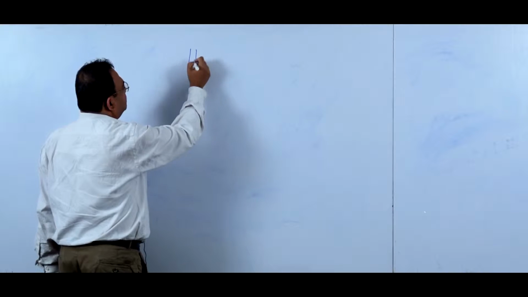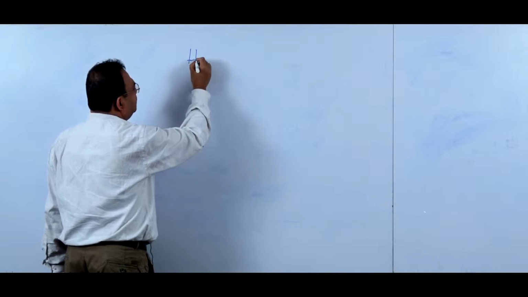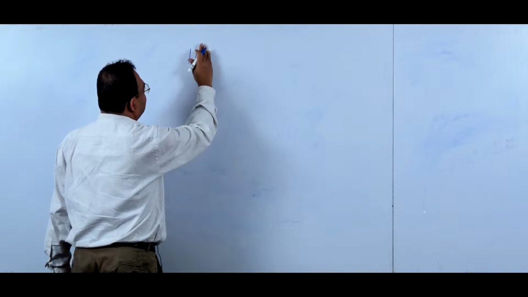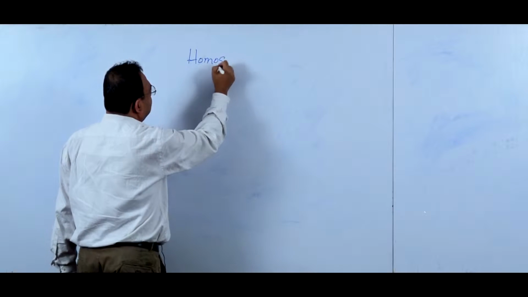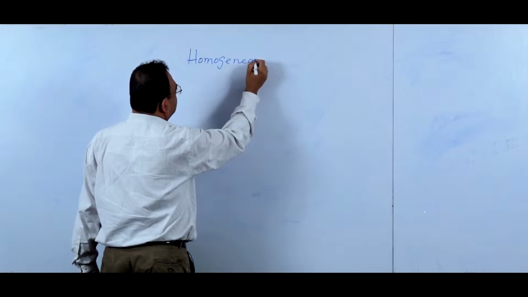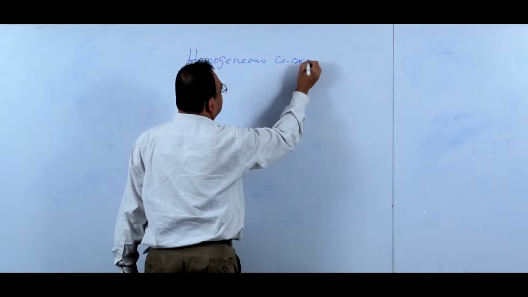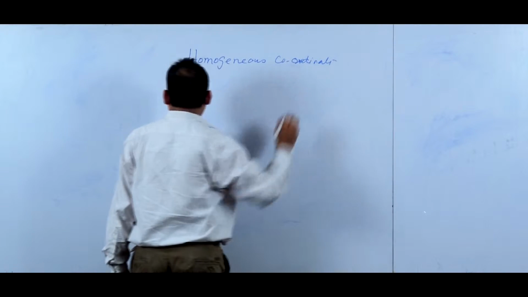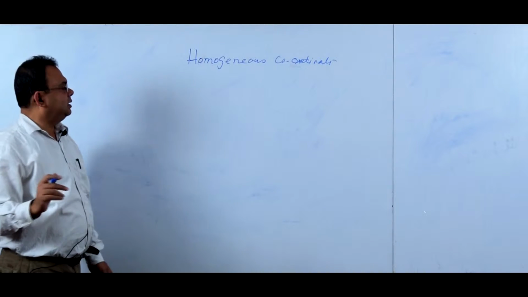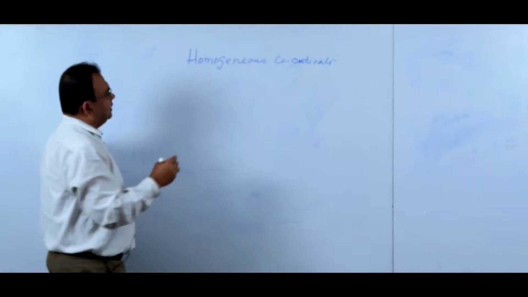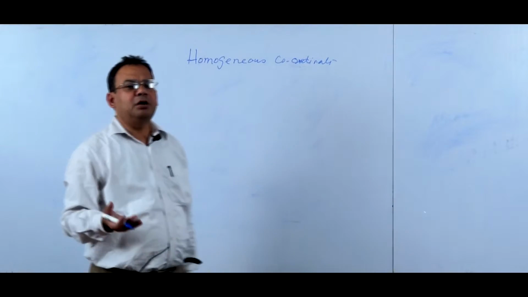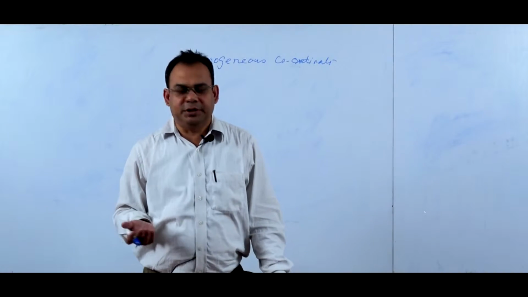In the homogeneous coordinate system, it is not a separate coordinate system, rather we can say that it is a bit different way of representing the two-dimensional point.